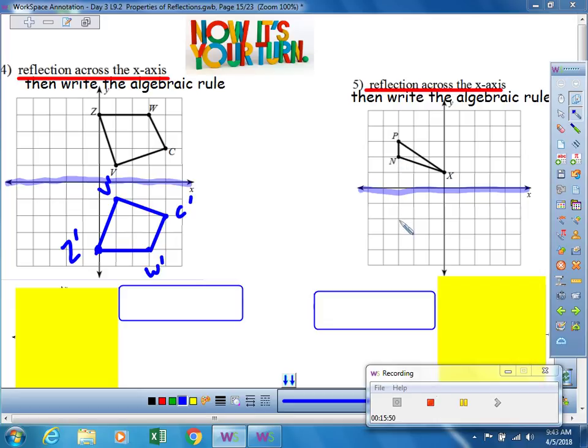I see a student go, oh, I know these points are right there, and they put the P right here. But that's not where the P goes, because the P is 3 away, so it's down here. And then this is the N prime. And then X prime. And then let me write the algebraic rules.